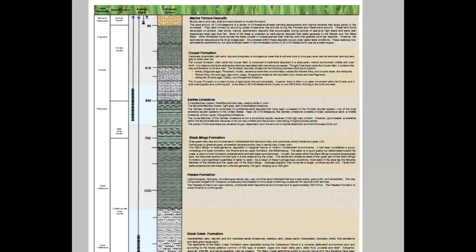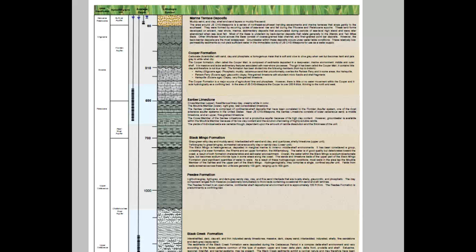Underlying the Cooper is the Santee limestone, and that limestone is a pretty good aquifer. The upper part of it is cemented, so it's really a confining bed, the upper maybe half of it, and so it adds to the confining ability of the Cooper. But below that it is pretty solutioned, and there's a lot of water in there.